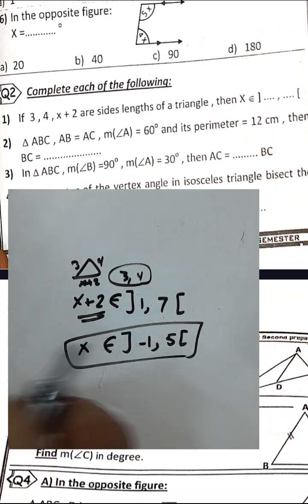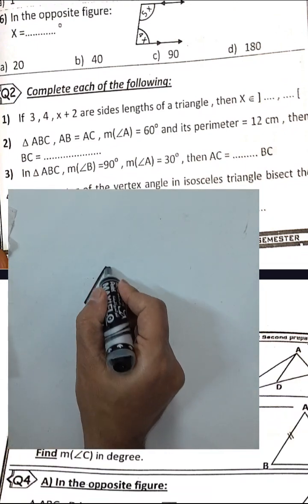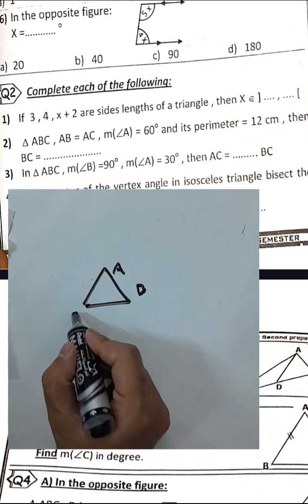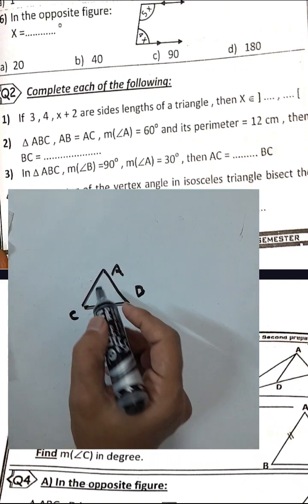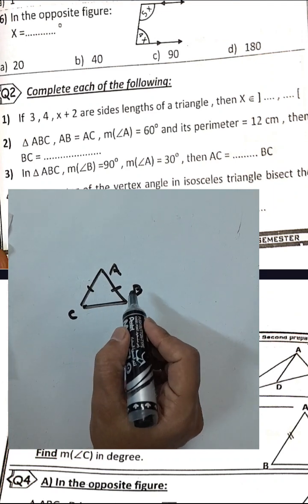Question number 2, we have triangle ABC with AB equal to AC and an angle of 60 degrees.